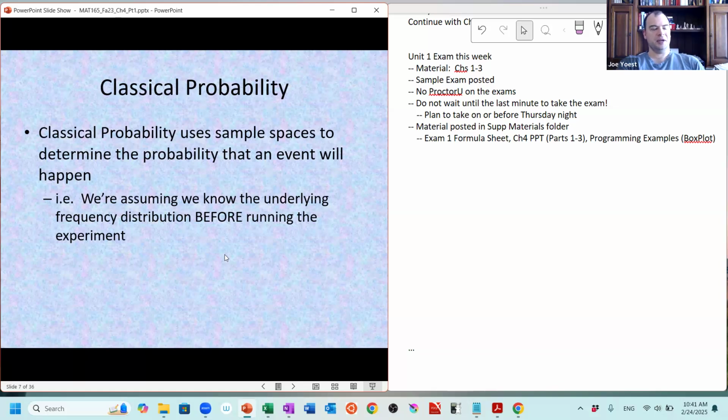And most of what we're going to be talking about is classical probability, using sample spaces to determine probabilities. Note again this complete shift in gears, shift in perspectives between chapters 2 and 3 versus what we're discussing now. In chapter 3, for instance, I don't know what the population mean is.